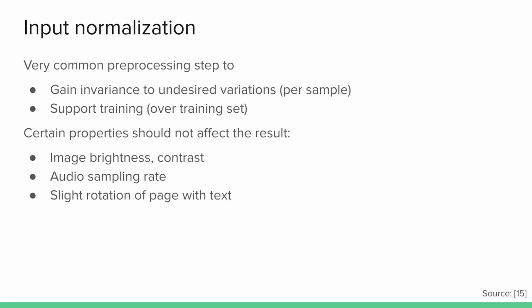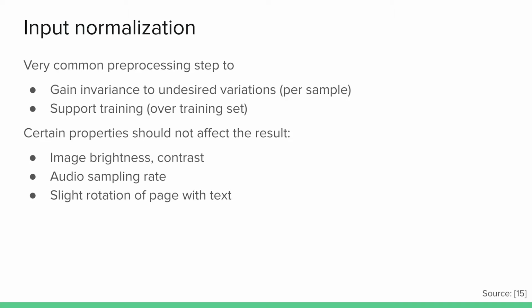So another example would be the audio sampling rate if you work in the audio domain. Think about it. If you sample your input with completely different rates and then just feed those to the network, it might look as if someone was talking much faster or slower, which is not at all related to the content that is being recorded in that audio.